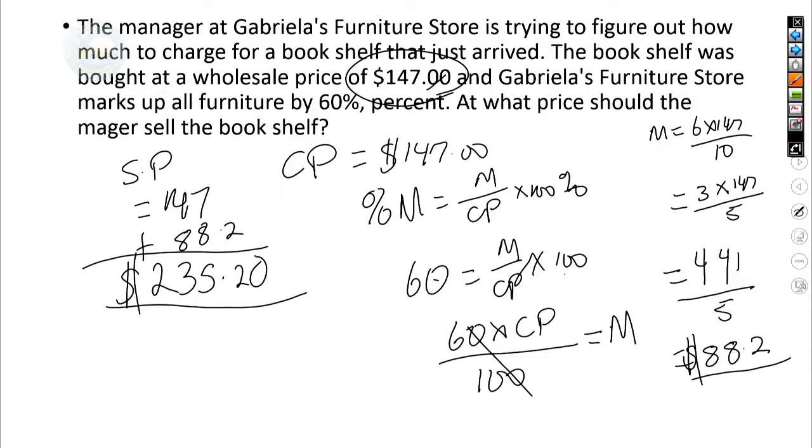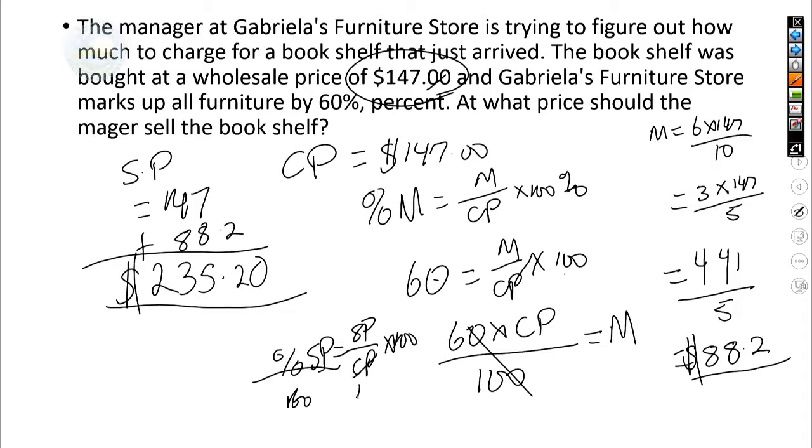Another way that we could have worked it out would have been to use the percent selling price as 160% and use what we know. We have a cost price, we have the percent selling price, and then we will do percent selling price is selling price over cost price multiplied by 100. And we know that this will be 160.